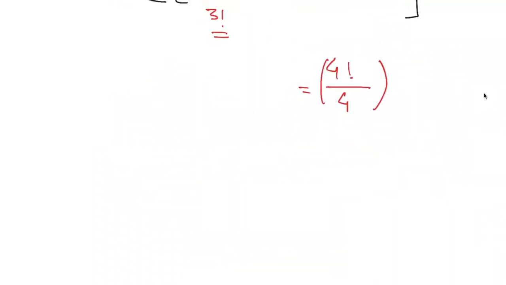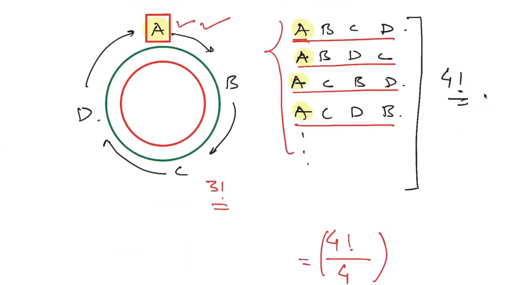Why dividing this by 4? If A is fixed at the first place, then B, C, D have to arrange themselves in this order.